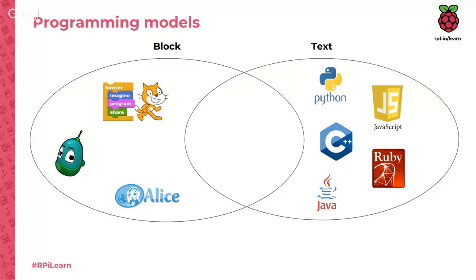And then we have this interesting middle ground where we have languages like Blockly. Many of you will be using either Blockly itself or languages based upon Blockly. Blockly and other similar languages are really nice. They have a multimodal approach in that you can write programs using blocks, but then you can also see the code that goes behind them.